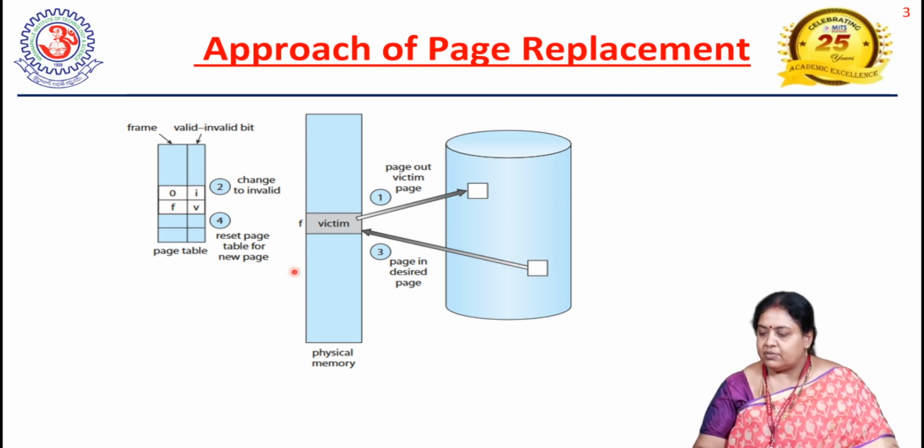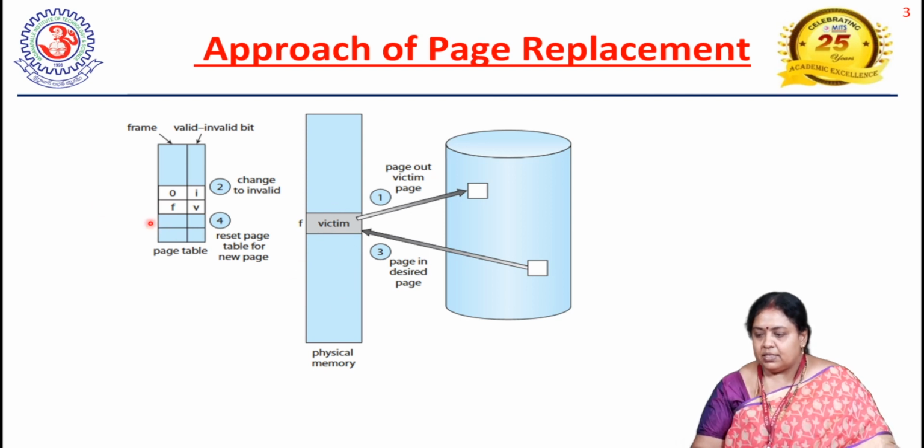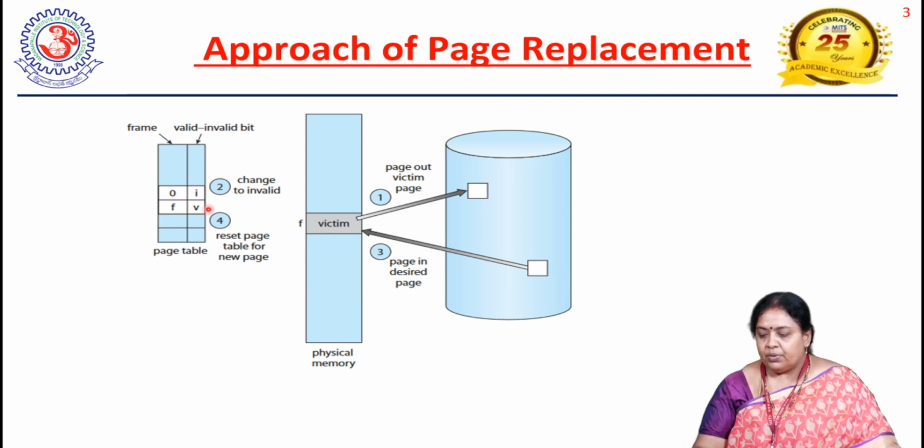So few pages will be allocated in the main memory. And the CPU is going to execute the process. So it is going to refer the logical address, that is a page number it is going to refer. So that page number will be searched in the page table. If that page is not available, then what happens? Operating system has to bring this page, the desired page, into the memory for execution.